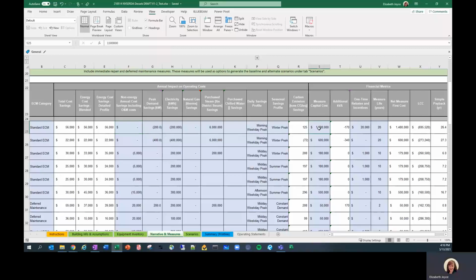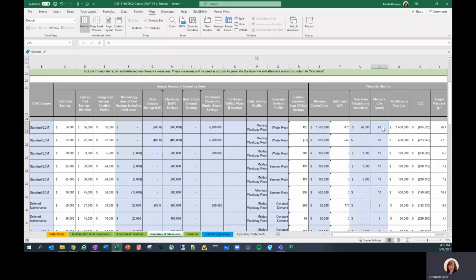Over on the right, you'll enter the measure capital cost, any one-time rebates or incentives that you expect to receive, and then finally the measure life. The measure life is important to enter because it indicates the duration of the savings. For example, replacing a piece of equipment with another piece of equipment that has an expected lifetime of 10 years means that the savings associated with that replacement will probably be durable for that whole 10-year period.